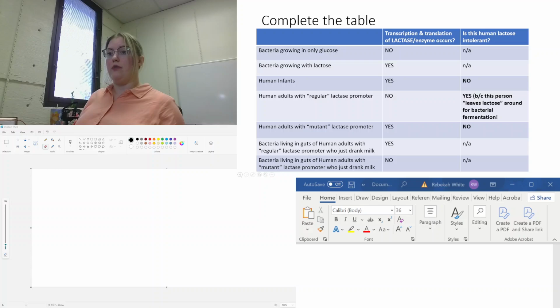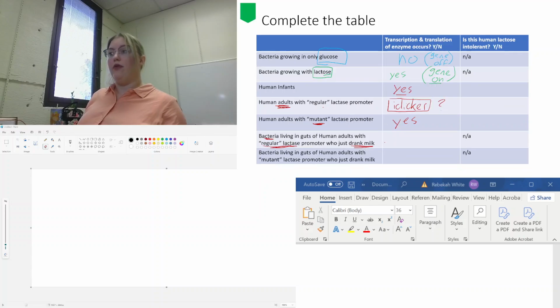Let's go back. So there is lactose present. There's lactose present. So if there's lactose present, remember, our bacteria is going to turn that gene on.